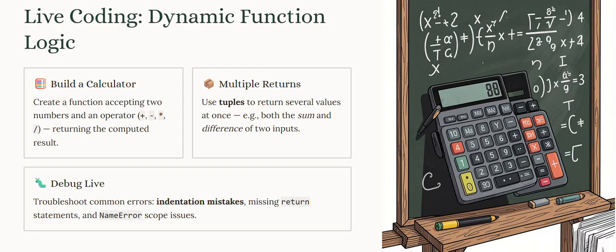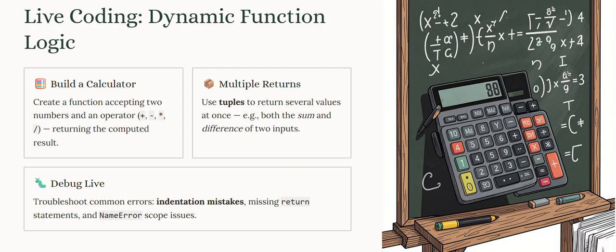Build the calculator. These are where the function's logic can be used. Create a function accepting two numbers and an operator. You can create a function where you'll be using two numbers and an operation between those, like plus, minus, multiply, divide, something like that, and returning the computed result.